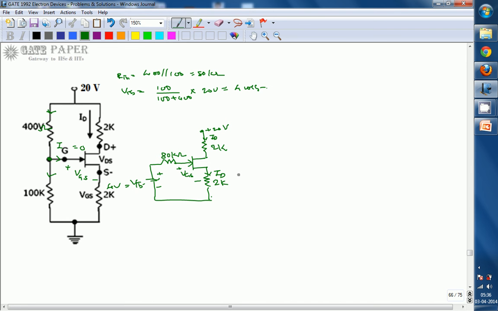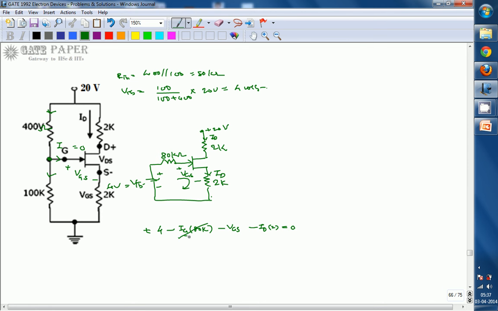Now if you write the KVL across this loop, we can write VTH, that is plus 4, minus IG times 80 kilo ohms, minus VGS, minus ID times 2K, equal to 0.